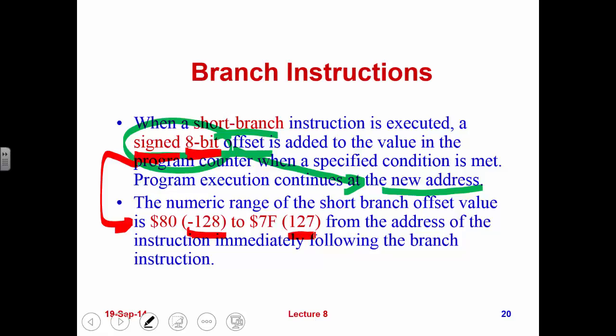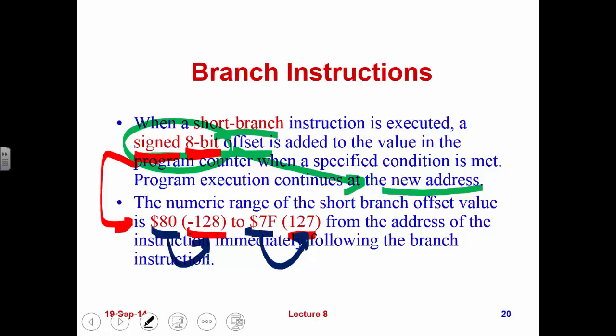And if you represent this number in hexadecimal, it's from 80 to 7F. This is equal to 127. This is equal to -128. So in other words, the numerical range of the short branch offset value is from the address of the instruction immediately following the branch, which is this.